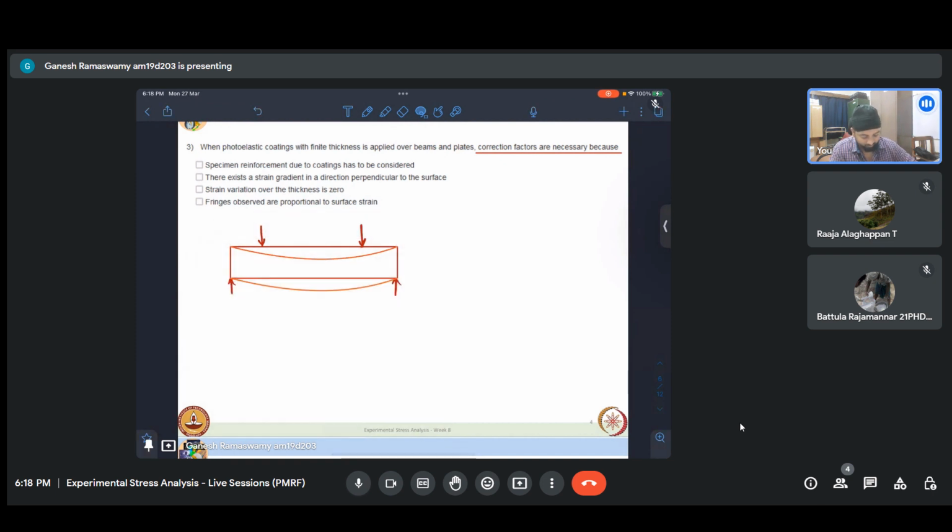So if we were to apply the photoelastic coating here, we know that the strain variation is linear in this case. This is for the beam section alone.